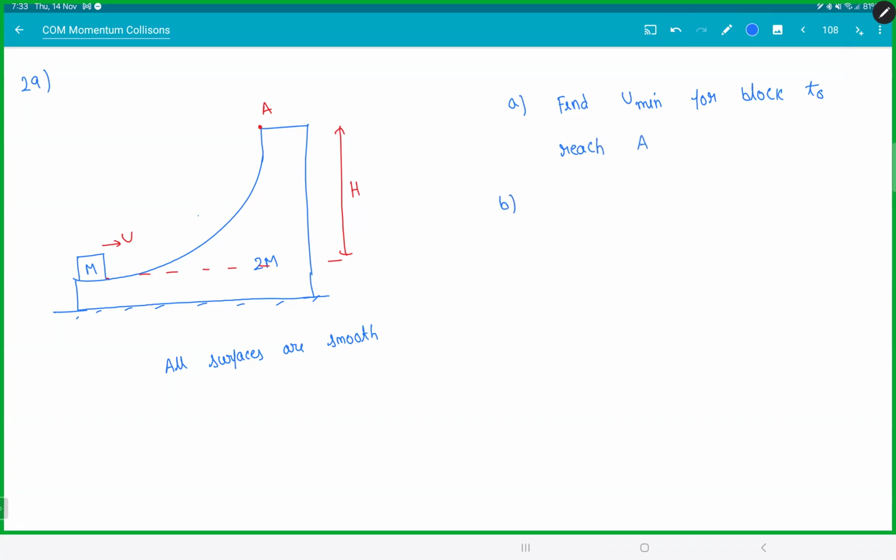The second question, if you're given u is equal to 2 times u minimum, the minimum speed, then find maximum height reached by the block with respect to the ground.